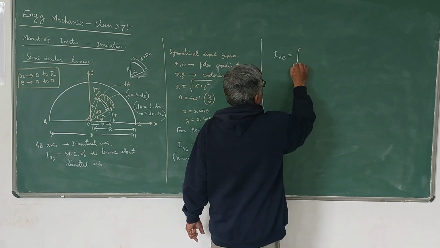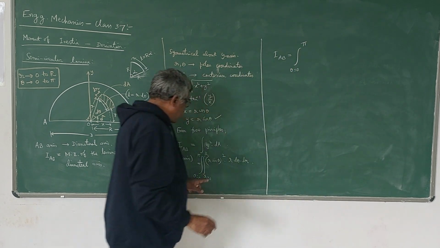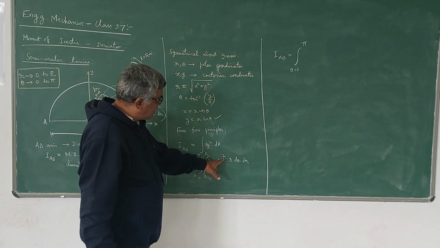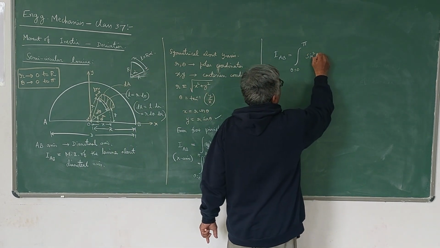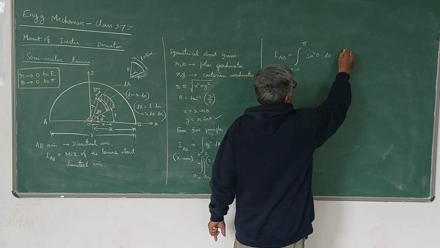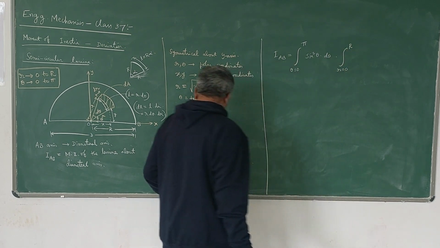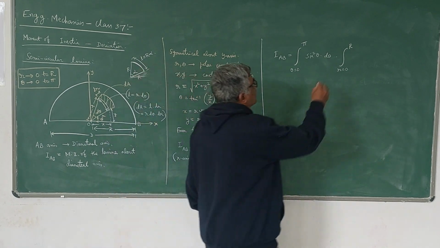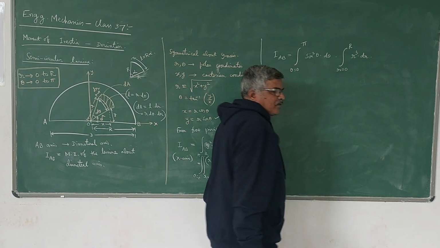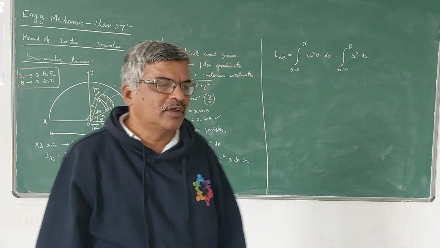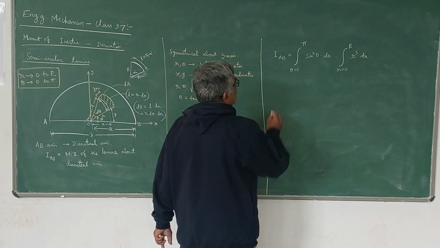I_AB can be written as the integral of theta from 0 to pi; only the theta terms, it becomes sin square theta d theta, multiplied by the integral of r from 0 to capital R of r square into r, which is r cube dr. This is the separation of variables.